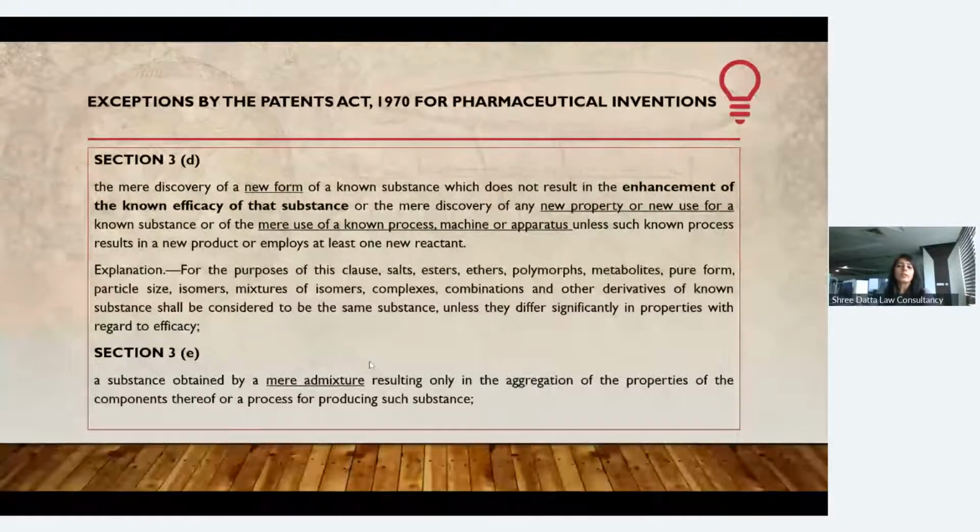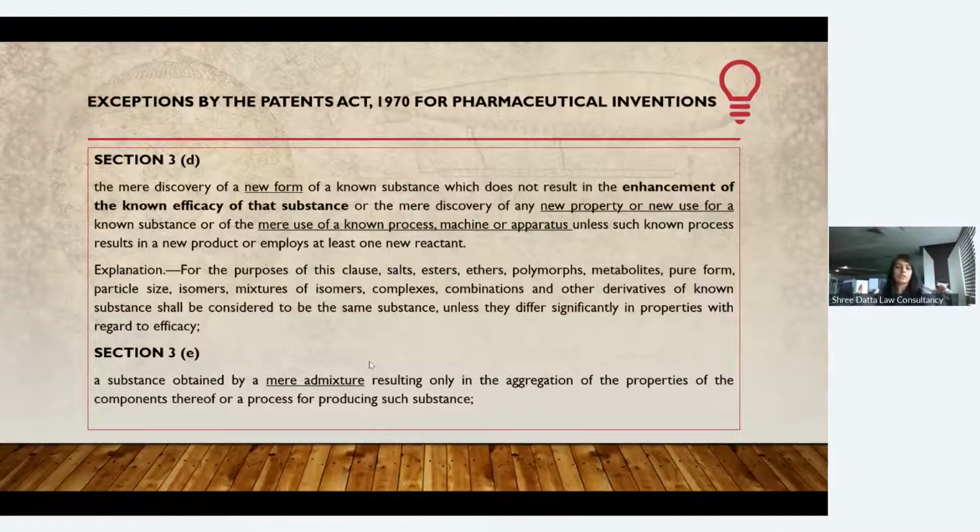Any new property of that particular substance, any new form, property, or use of known things, if they are not giving an enhancement in efficacy and effectiveness, then they fall under section 3(d). And one more is section 3(e), a substance obtained by mere admixture resulting only in aggregation.